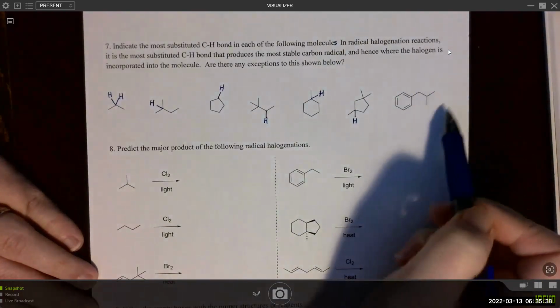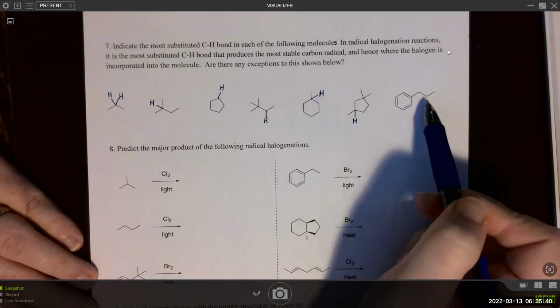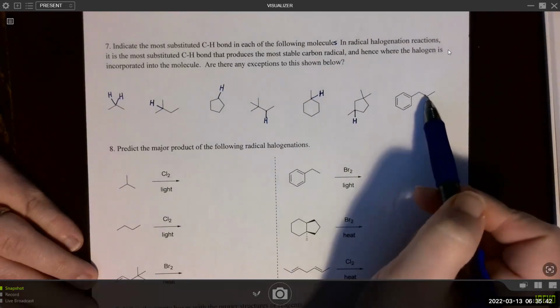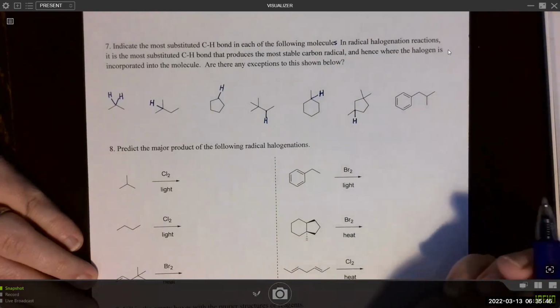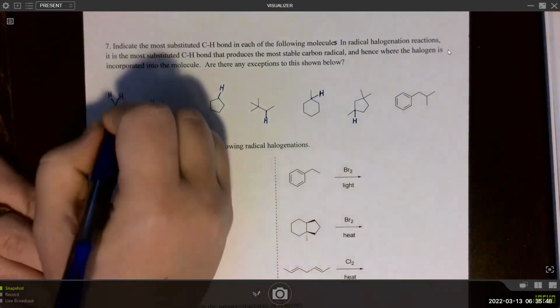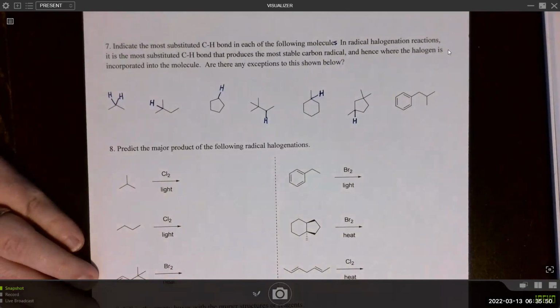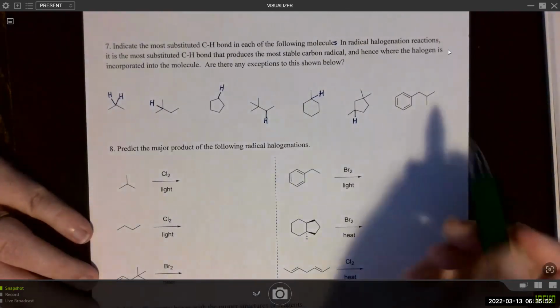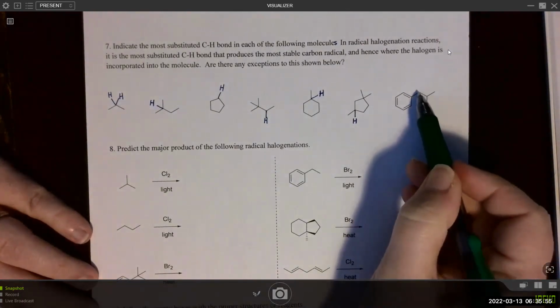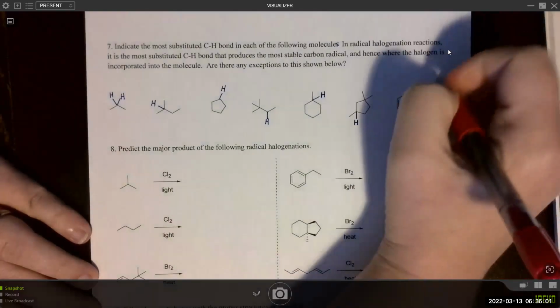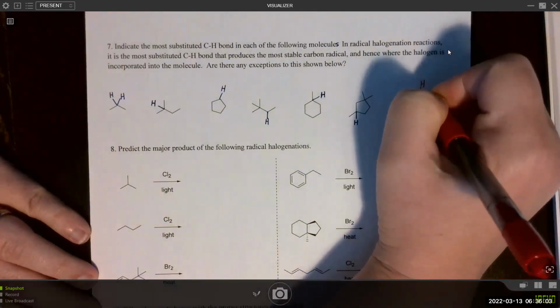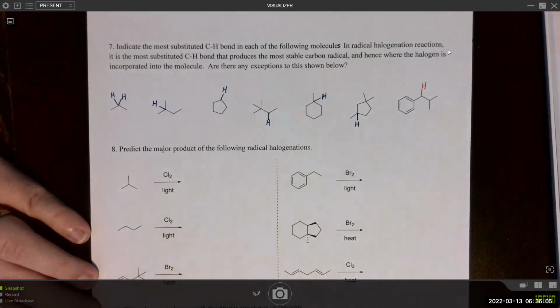Now this is the tricky one, right? Because we have the hydrogen here, which would be tertiary, or the hydrogen here, which is benzylic, right? So this would produce a tertiary radical, and if we remove the hydrogen here, it would produce a benzylic radical, right? So this one actually has a lower bond dissociation energy.